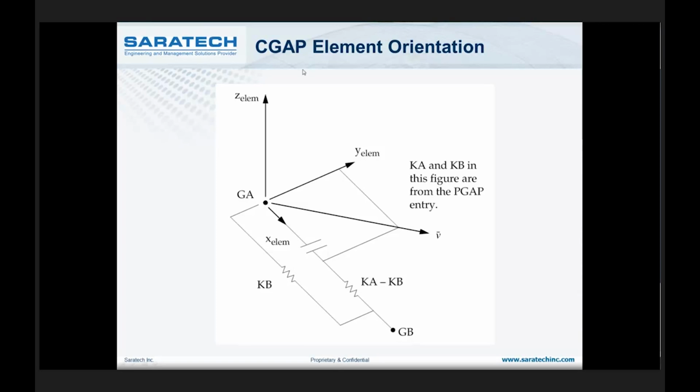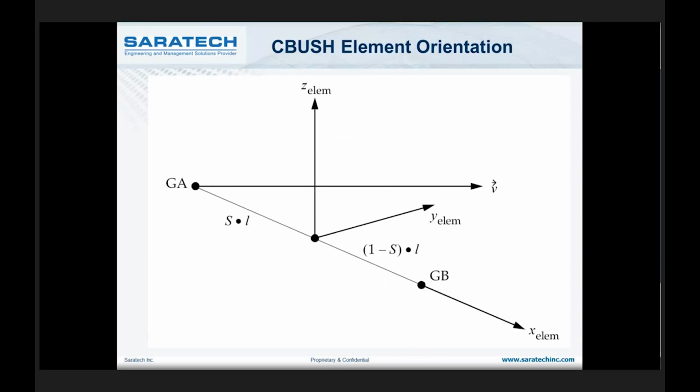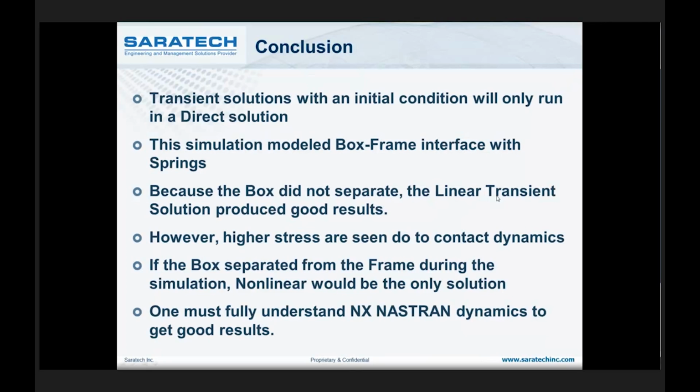You will have a spring in this direction, and in this direction and this direction, and you'll see in FEMAP how it specifies that, but it's important to know how to set up this vector right here. Also, I'm going to put in a spring element, a CBush, and it's going to ask me for the vector there. It's the same thing. The diagram is a little bit different, but we see the X direction stiffness is here and the Y and Z directions this way. So there is the vector it's going to ask us for.